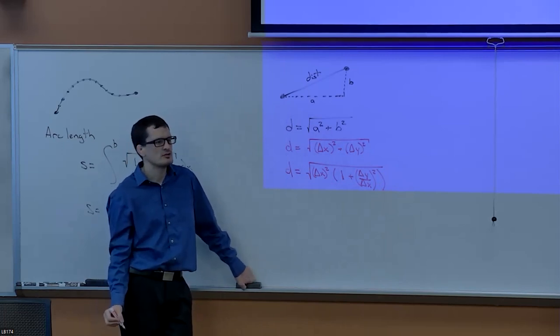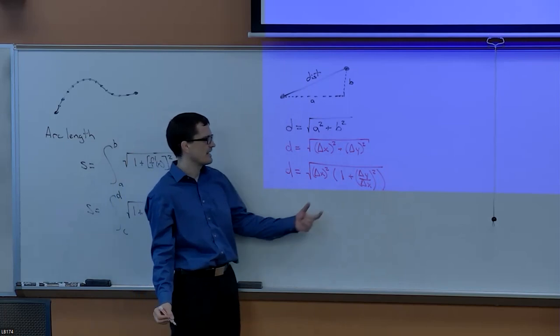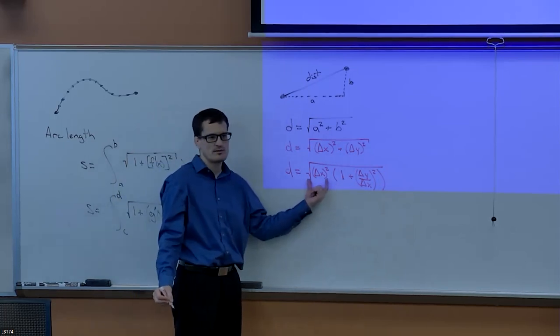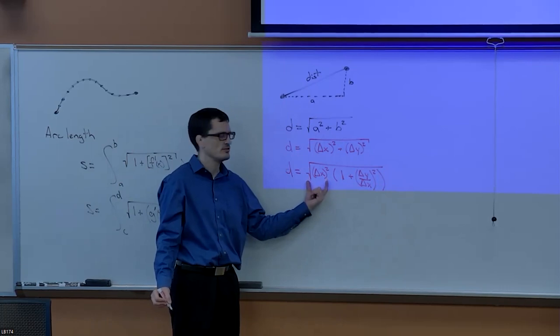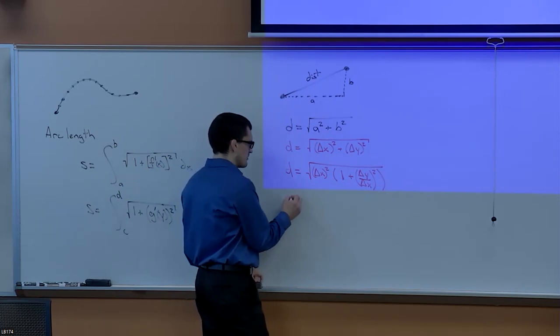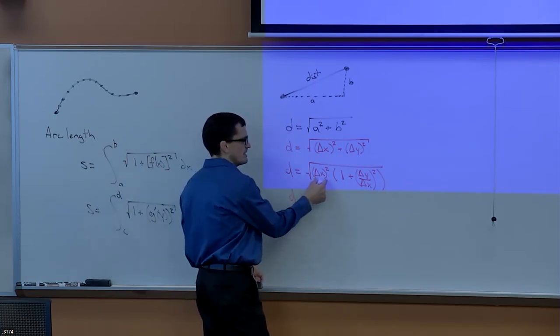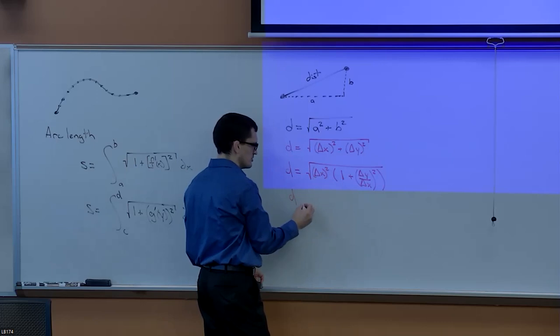Now, the reason I'm doing that is so that I can take a square root of this delta x squared, and I can't do that unless it's being multiplied. So I'll take a square root of change in x squared, which is just change in x.